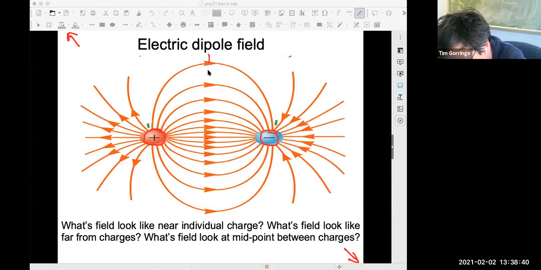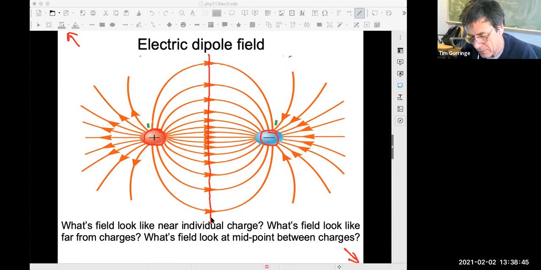At the midpoint, at the midplane between the two charges, this line here, you'll notice that the field just runs from the positive charge towards the negative charge. What's happening here is that the two fields of the two charges are superimposing, in a way similar to our calculation.